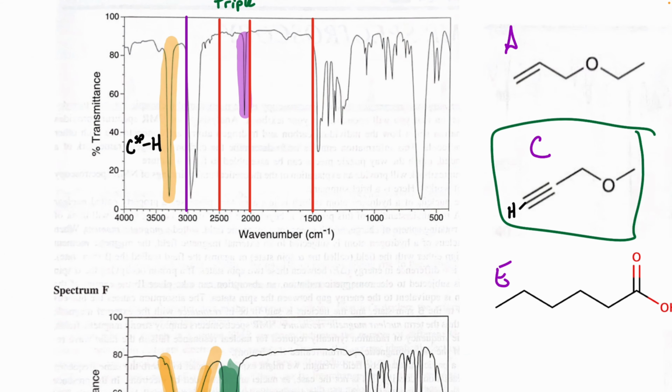So we see that carbon-carbon triple bond absorbing in the triple bond region, but we also see that carbon-hydrogen bond, my sp hybridized carbon-hydrogen, absorbing in that something with hydrogen portion of the spectrum. And then I have that same cluster of peaks I always see, corresponding to my sp3 hybridized carbons and hydrogens.